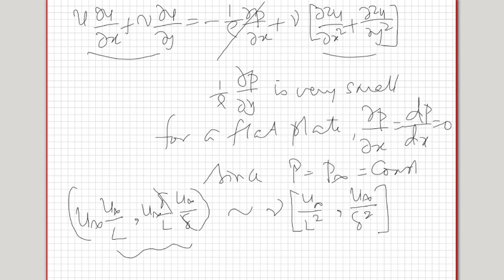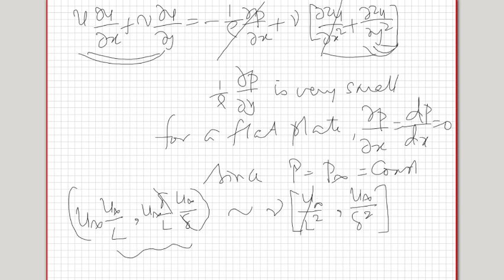Now, since delta is much smaller than L, u infinity by L squared will be a much smaller term as compared to u infinity by delta squared. So this term can be dropped, which basically means in the main equation, this term will be negligibly small as compared to the other term. So the equation for the boundary layer will therefore be these two terms on the left hand side and this one term on the right hand side with the nu. The other terms can drop out. That is the important conclusion that comes from this.